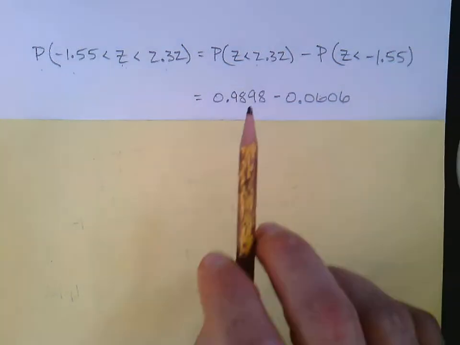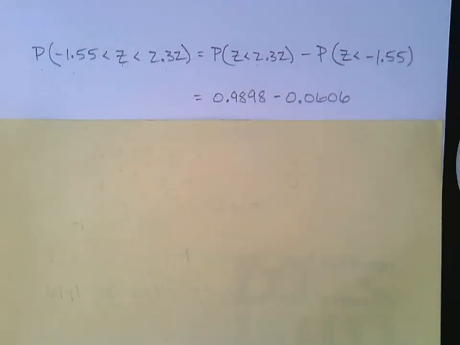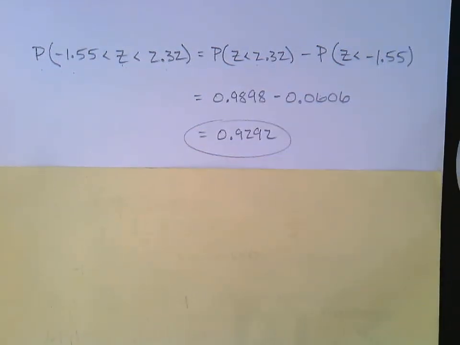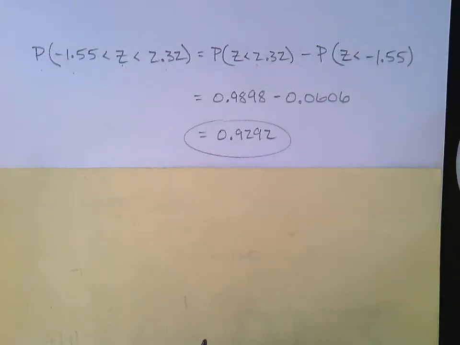We happen to have these repeated digits in both. A coincidence. Kind of funny. So when you subtract, the probability between those two z-scores is 0.9292. So the chances that the sample mean is between 8.0 and 8.5, there you go. Almost 93%. There you have it.